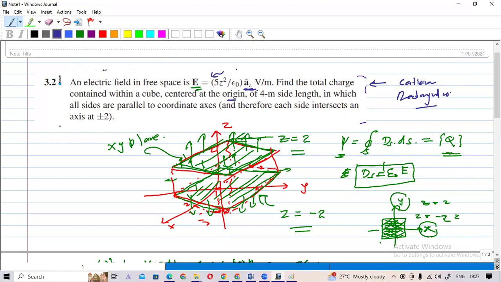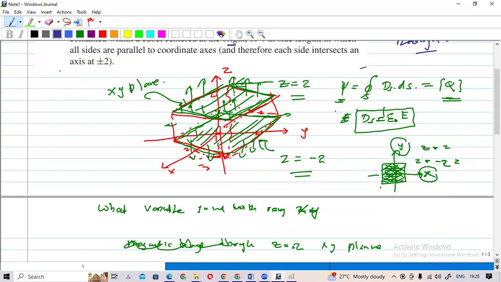If D is equal to epsilon E, then epsilon naught E means 5z squared epsilon naught, and the epsilon cancels. So you have only 5z squared. This is D, the flux density.